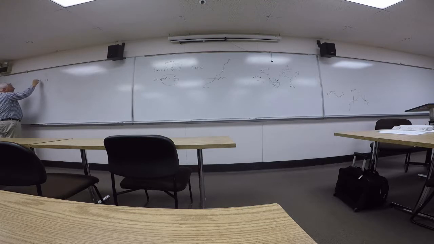K of t equals 15t cubed minus t to the fifth. Just for fun, let's find the zeros. When does this function equal 0? I'm going to factor out a t cubed, and I have 15 minus t squared. And 15 minus t squared says my zeros are t equals 0 or t equals plus or minus the square root of 15.